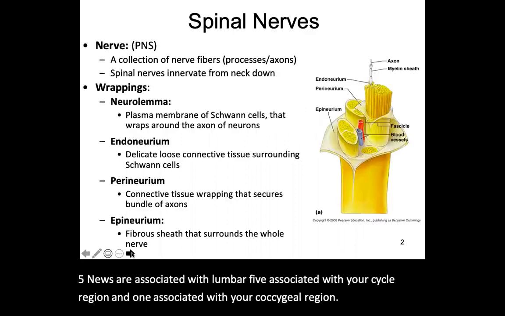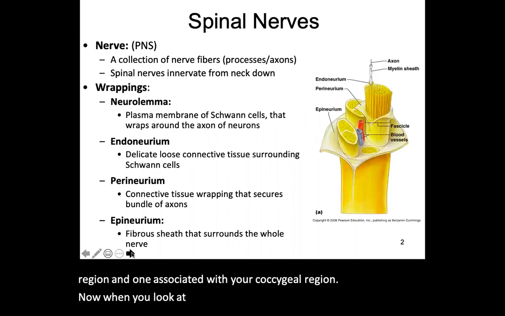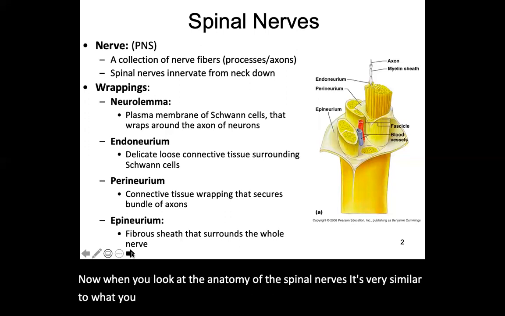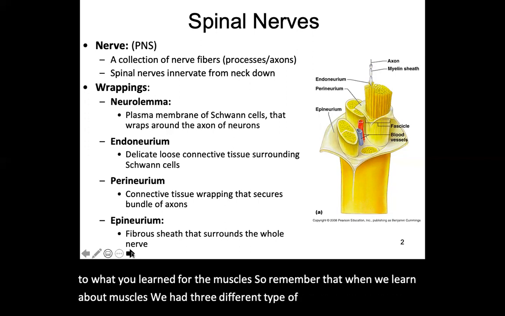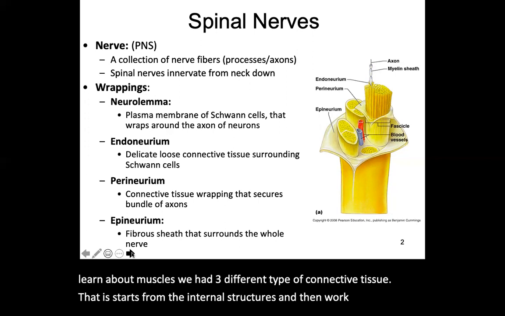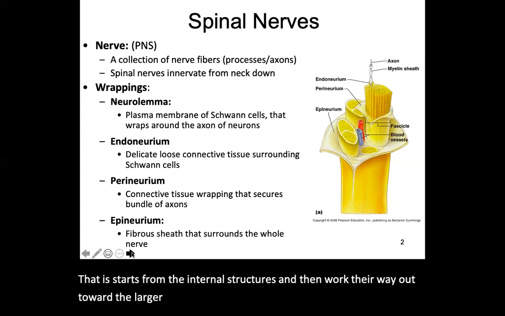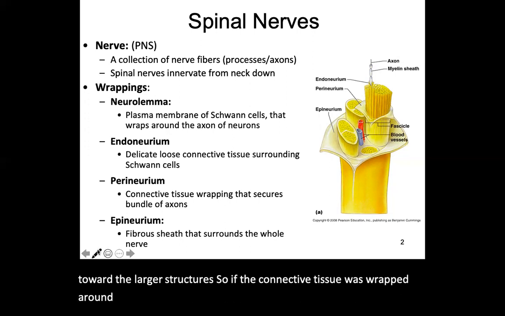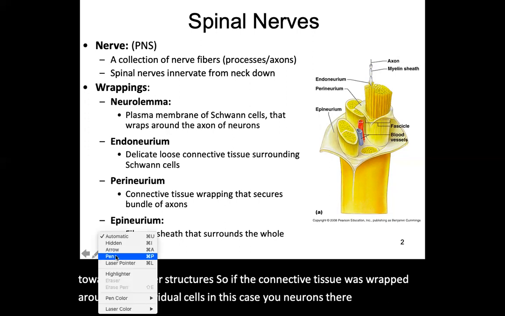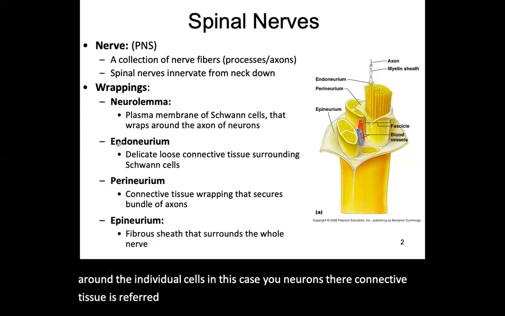Now, when you look at the anatomy of the spinal nerves, it's very similar to what you learned for the muscles. Remember that when we learned about muscles, we have 3 different types of connective tissue that start from the internal structures and then work their way out toward the larger structures. So if the connective tissue is wrapped around the individual cells, in this case your neurons, the connective tissue is referred to as endoneurium.